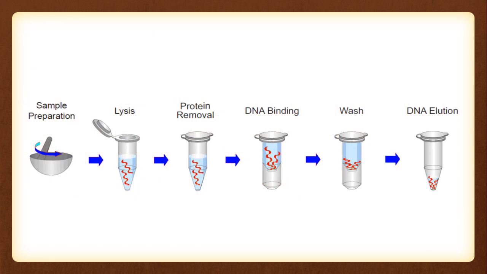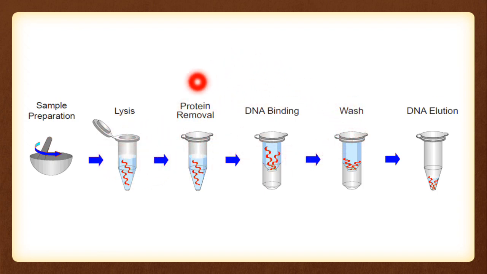Here is a diagram showing the basic procedure for DNA isolation. First we will do cell lysis using mortar and pestle. Then we will transfer to test tubes, adding lysis buffer and proteinase K. Then we will centrifuge and take the supernatant.